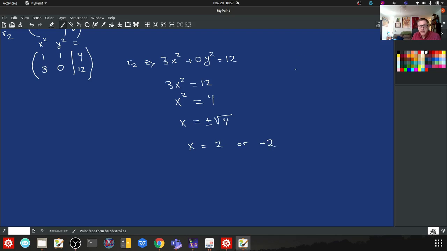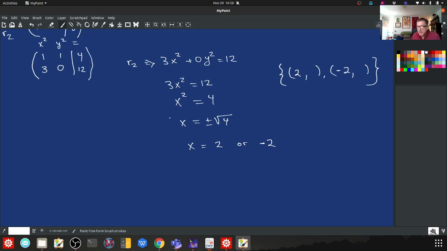So that means we have a possible set of solutions, 2 of them to be specific, in which in one case x is equal to 2, in the other case x is equal to minus 2. So I have to find the corresponding y values.